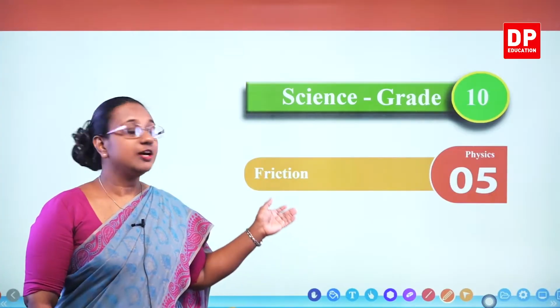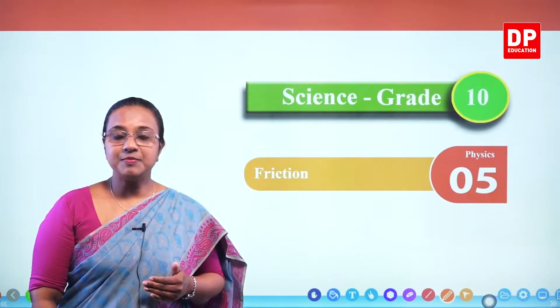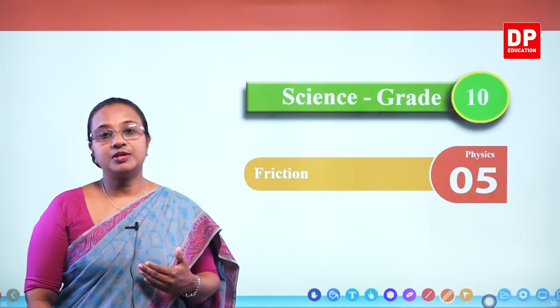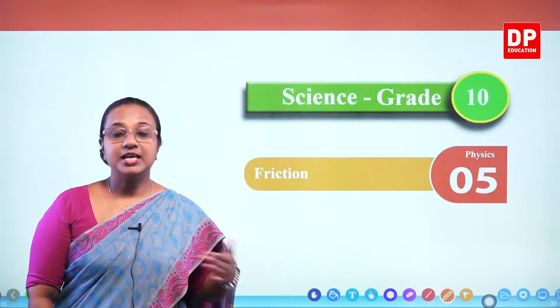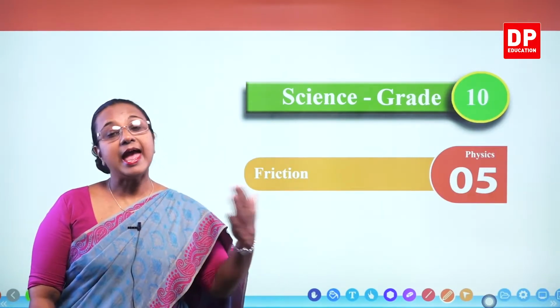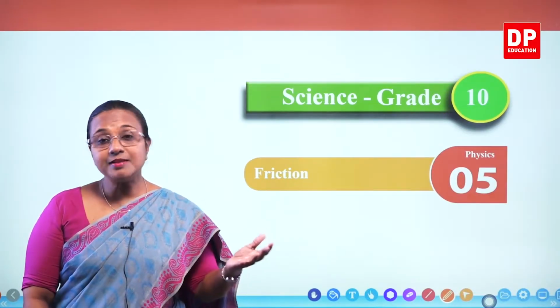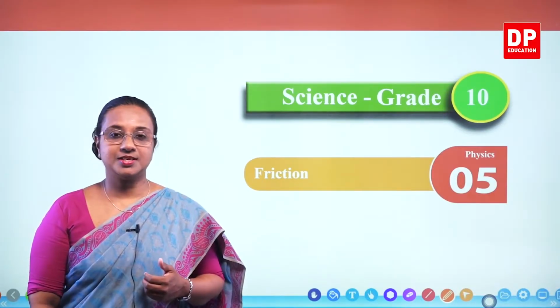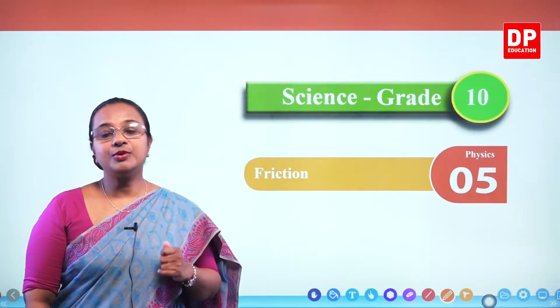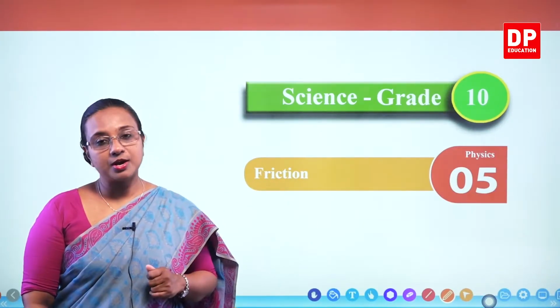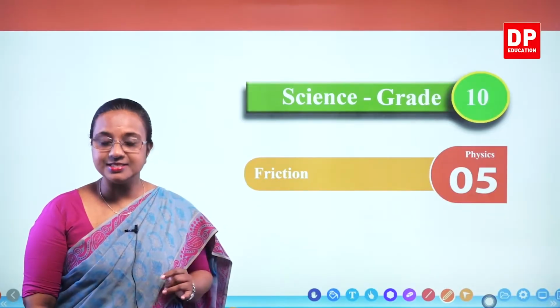So friction is a concept that is very important in motion. It is related to motion and it is important. At the same time, it can become a problem to us. So let us now look at the topics that we are going to discuss under this lesson.